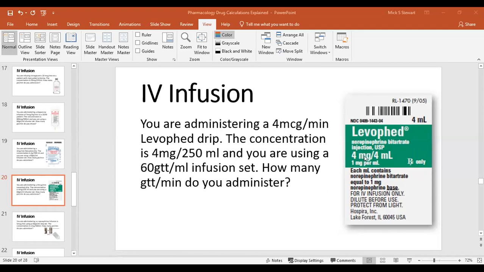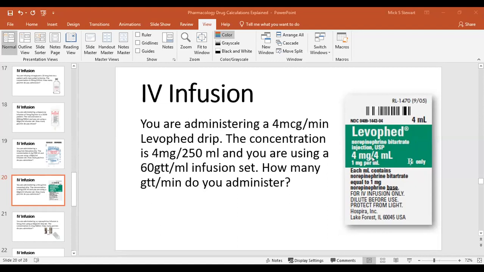So this one says 4 milligrams per 4 milliliters. I think I got something wrong. Apparently I got the wrong concentration on here. 4 milligrams per ml. I think this is a vial that we've mixed.